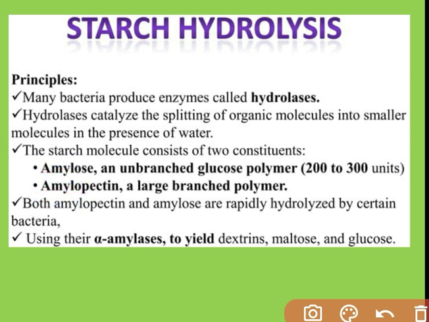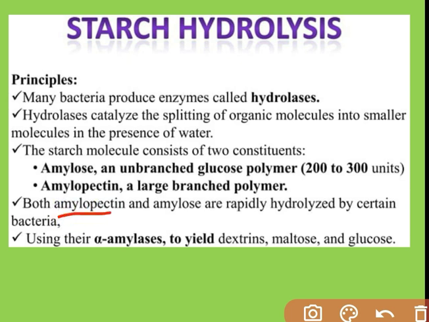Amylose is an unbranched glucose polymer made up of 200 to 300 units of glucose, and the glucose units in amylose are joined by an alpha 1,4 linkage. Amylopectin is a large branched polymer with alpha 1,4 and alpha 1,6 linkages in between glucose units.